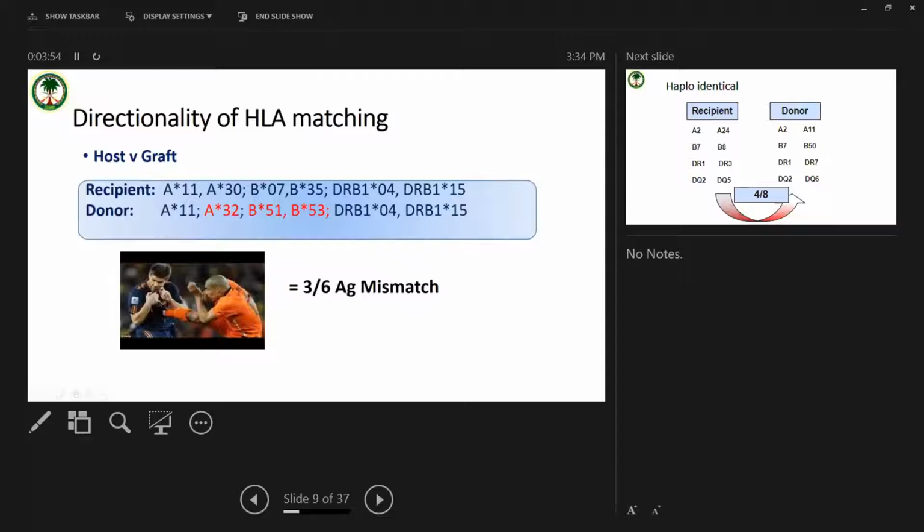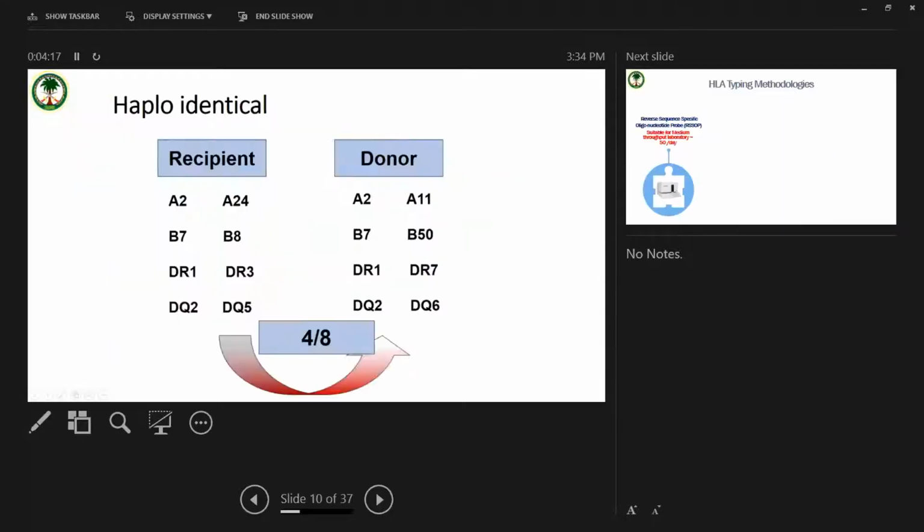In this other cartoon here, you see the donor mismatch antigens are 3 mismatches, and the total antigen type in this example is 6. So we can say in this example that the mismatch is 3 out of 6 antigen mismatch. So if the patient has antibody, the most important we will focus on is A32, B51, and B53.